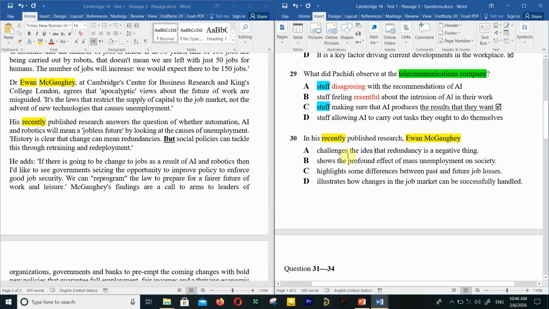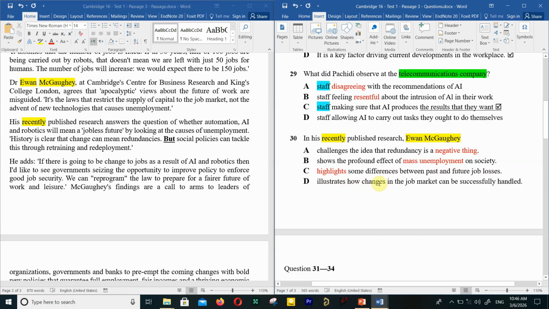So, here it says, challenges the idea that redundancy is a negative thing. There is nothing about redundancy being a negative thing. Shows the profound effect of mass unemployment on society. No, nothing about mass unemployment. Highlights some differences between past and future job losses. There is no highlight about this matter.